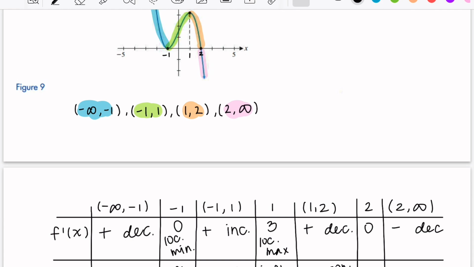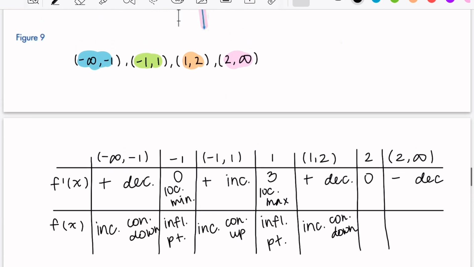All right, so if our derivative is negative, then our function is going to be decreasing. And if our derivative is decreasing, then our function is going to be concave down. And lastly, since our function is going from increasing to decreasing here, this point here is going to be a local minimum.